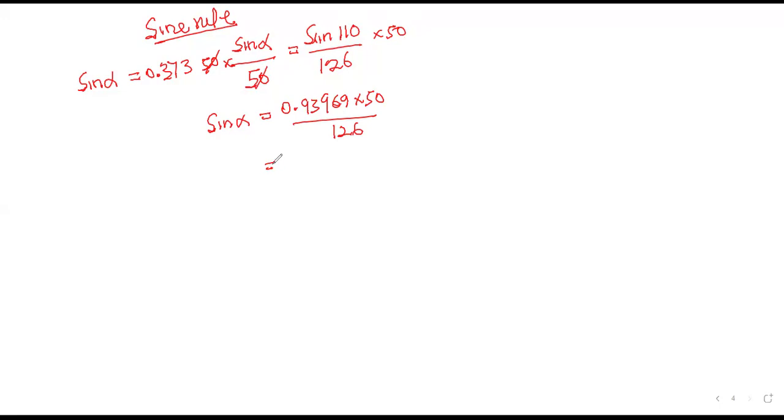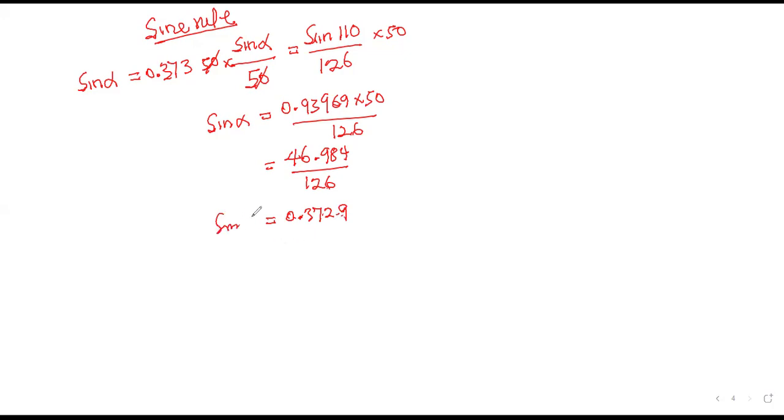Frank, are you okay? Yes, sir. So it's just a new formula we are using. The numerator gives us 46.984 divided by 126, so if you divide this by 126, you have 0.3728 or 29.